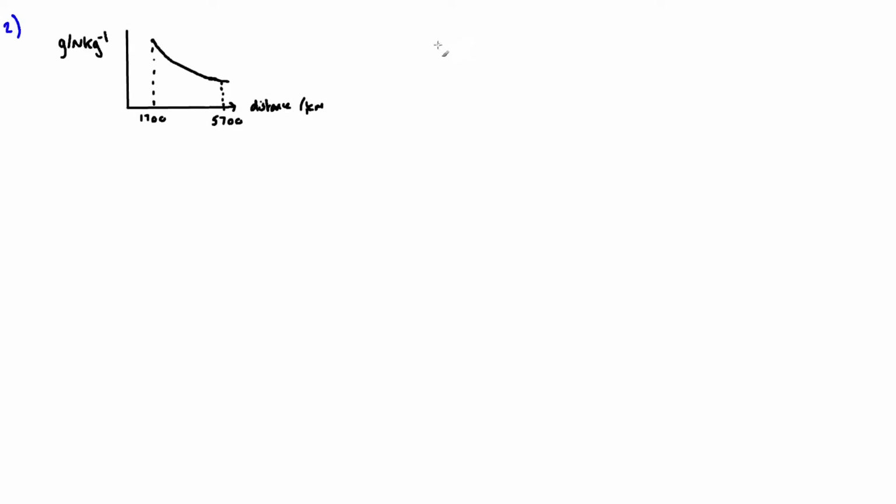So basically we know that for gravitational fields, gravitational field strength is the rate of change of gravitational potential with distance. So for a planet, a graph of gravitational potential against distance would look something like this, where that's the radius of the planet there.